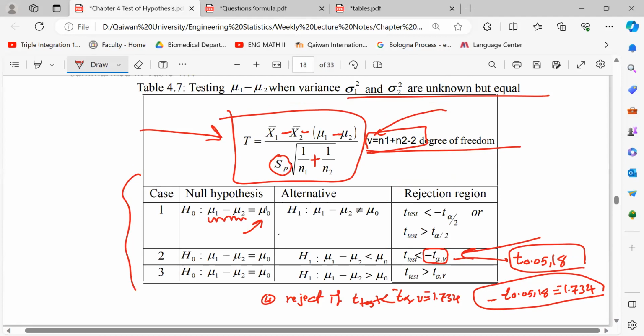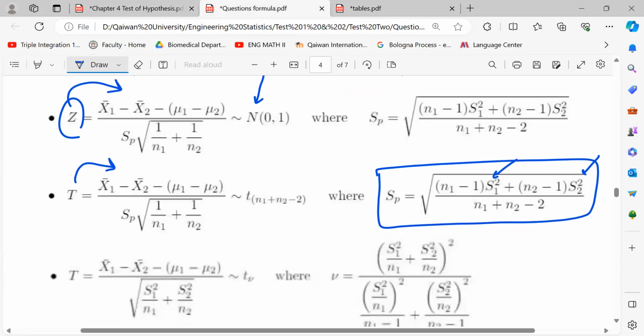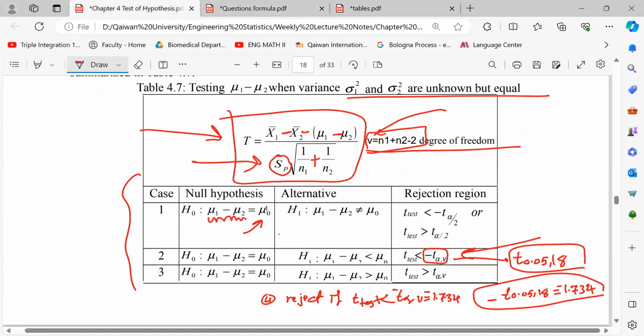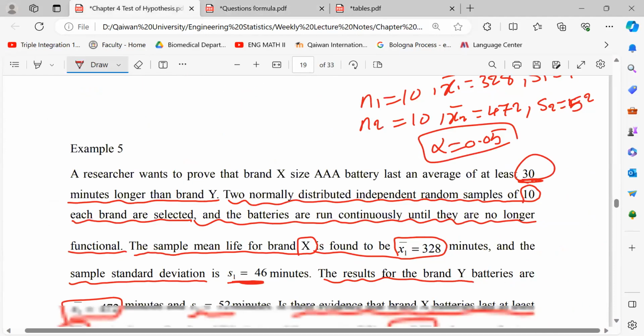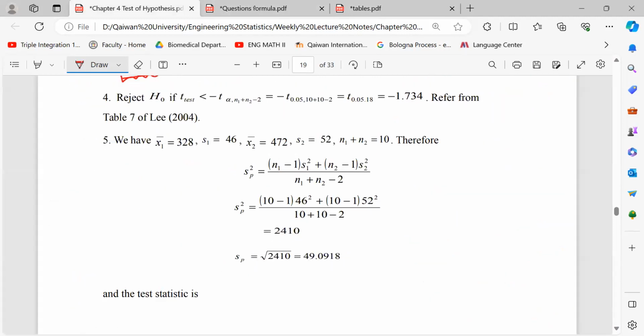Then in step 5, we calculate this. First we need to find SP. SP, as I talked about here, depends on S1 squared, S2 squared, N1 and N2. It's just calculations left here. X1 bar, S1, X2 bar, S2, N1 plus N2 is 10. These all are given. First, you need to find SP squared.